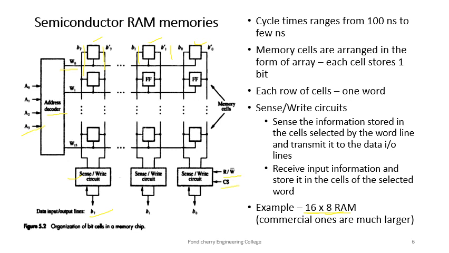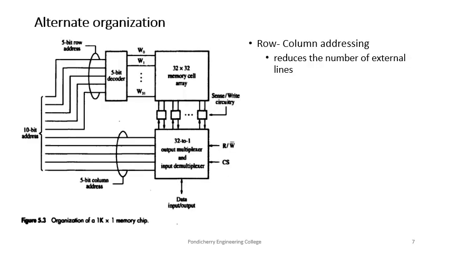And we have an alternate arrangement called row column decoding, where the same number of cells can be organized in a different way. So we'll see that next. This diagram shows the alternate way of organizing the same memory.